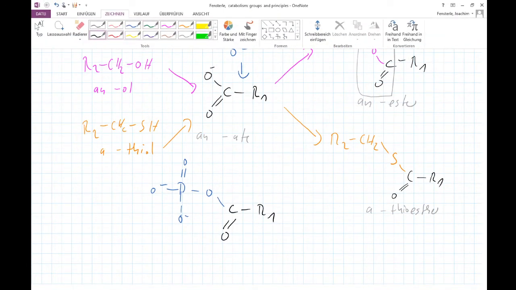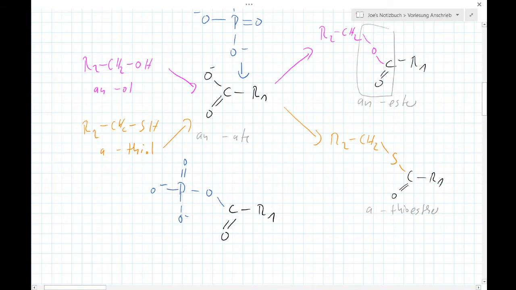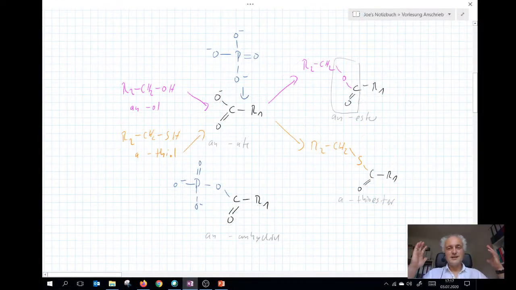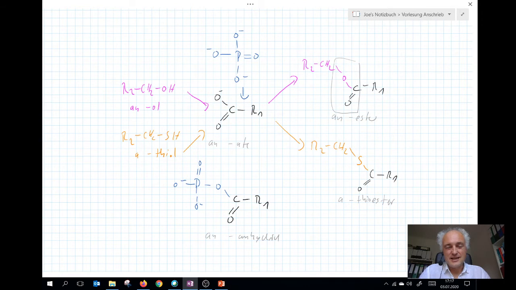This is if two acids are bound, and this is an anhydride. So these are the principal bindings you see in catabolism.